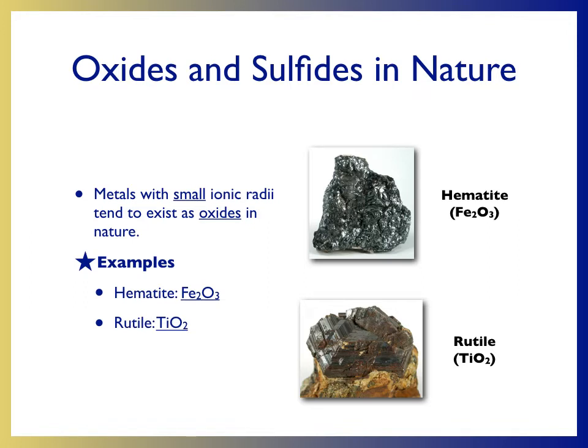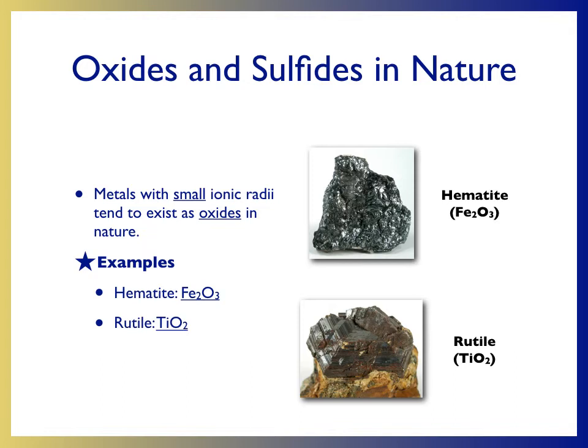Also, iron and titanium in these oxides tend to have a very high charge, +3 for iron and +4 for titanium. This means that these ions are even smaller than their parent atoms.